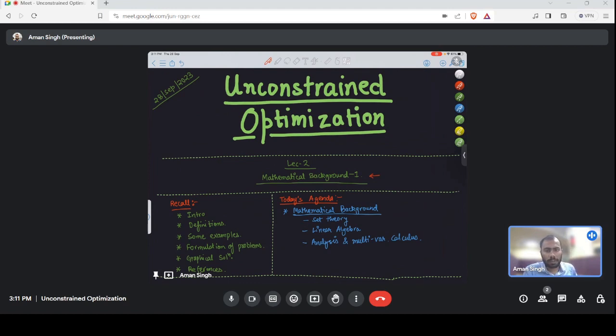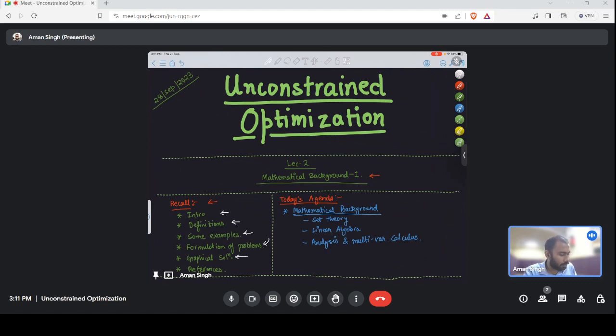Before we start with the lecture, let's recall what we did last time. We introduced the topic of unconstrained optimization, and optimization in general. We did some definitions: what is optimization, what is a mathematical program, etc. We looked at some example problems and how to formulate them.